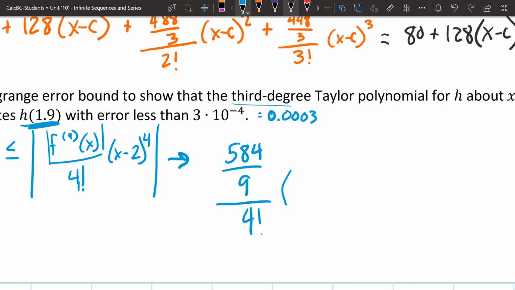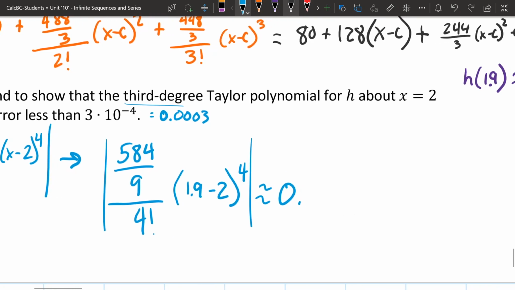They say we're evaluating 1.9 again, to the 4th power. All right, we're looking at the absolute value of that, which is positive anyways, since this raised to the even power is going to be positive. We can put it in absolute values anyways, doesn't matter.